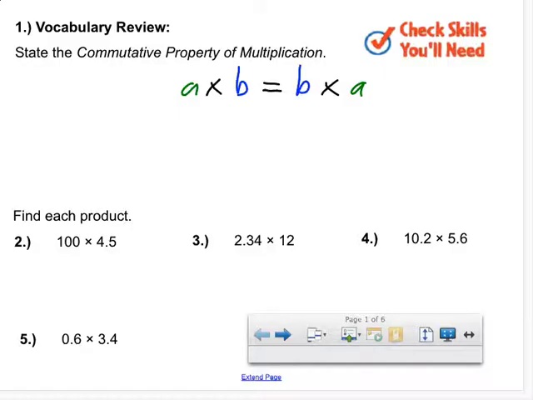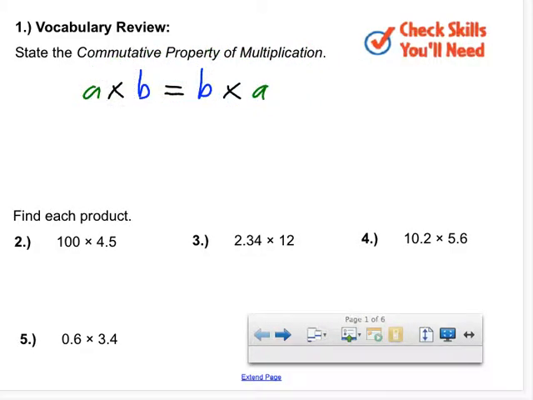Do you guys understand? Okay, this is the algebraic representation of the property.